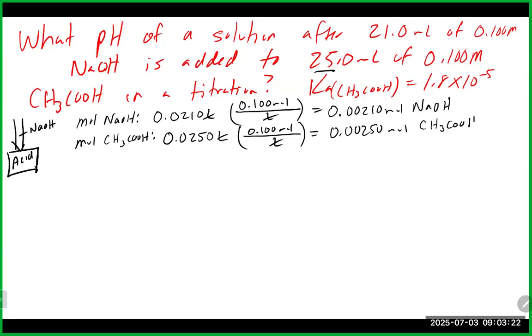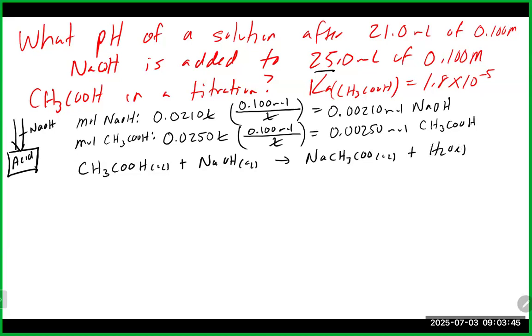So now that we have our moles, which we know we're going to need in our calculation here, we're going to set up our ICE table, which we do know that we need. So we got our acetic acid, we have our sodium hydroxide here. And again, going to give us some sodium acetate on our double displacement reaction and some water.